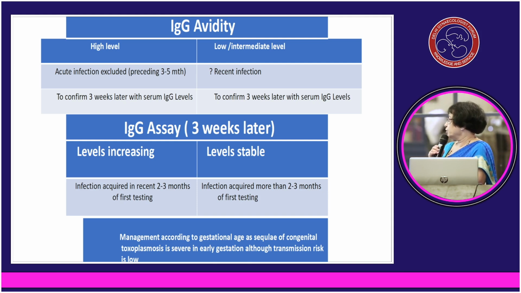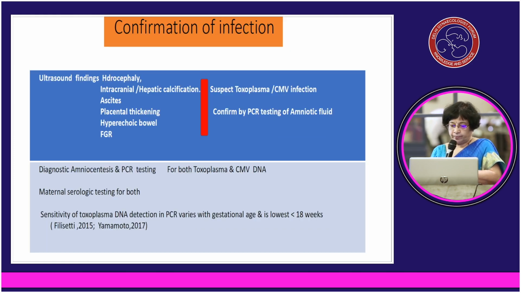So management is according to the gestational age. The sequelae of congenital toxoplasmosis are severe in early gestation. Confirmation of infection could be by ultrasound also. We can find hydrocephalus, intracranial or hepatic calcification, ascites, placental thickening, hyperechoic bowel, or FGR. If all these are found, then we can suspect toxoplasma and CMV infection as was described earlier.